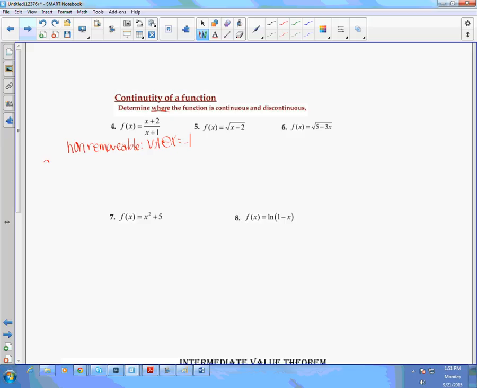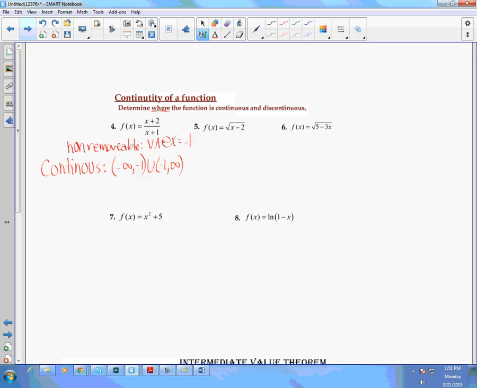So if we were to write the interval of continuity, or where it's continuous, what would that interval be? What would I put on -1? Good. Does that make sense? It covers everything except for -1.